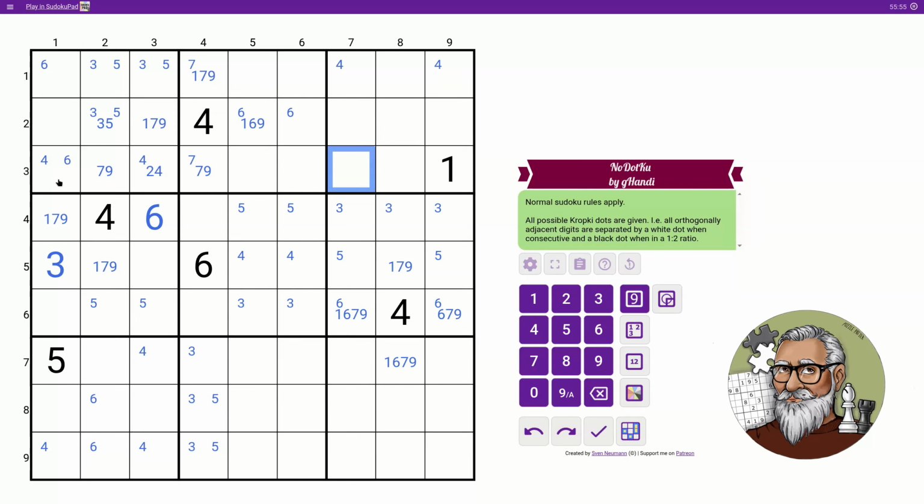Does this have to be 4 or 6? I don't think so, right? This could be 6 and this could be 4 still. This is all still not getting me farther, is it? This is still not getting me very far.